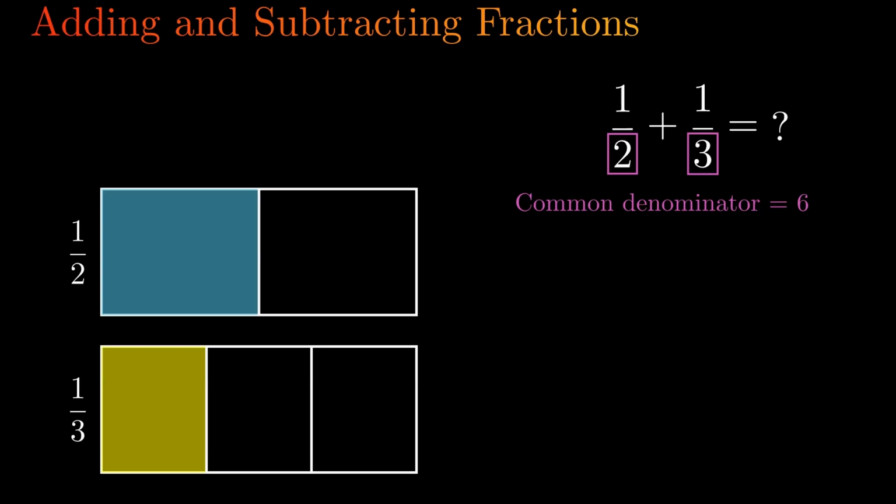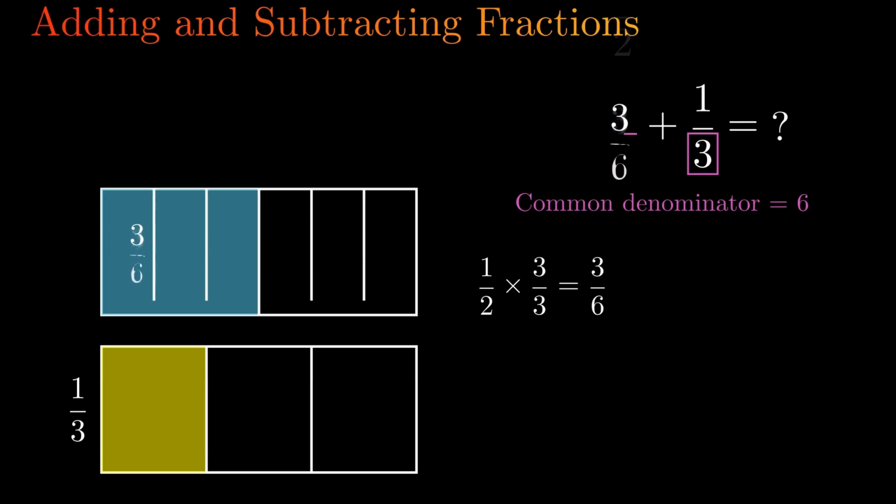But how do we actually calculate that change? We know our target denominator is 6 because that's the smallest number 2 and 3 both fit into. To get there, we have to change the fractions. For 1/2, we multiply the top and bottom by 3. So 1/2 becomes 3/6. For 1/3, we do the same logic. 3 times what is 6? 2.